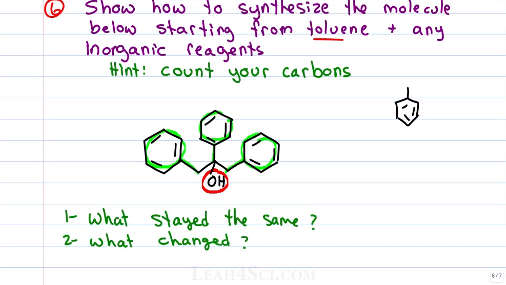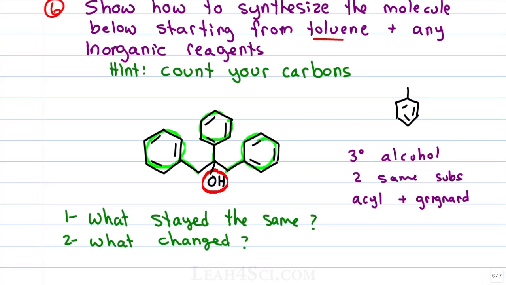Here's where you need to keep in mind the following trick. If you're asked to synthesize a tertiary alcohol, and you notice that you have 2 of the same substituents, then you want to start out with an acyl group attacked by 2 Grignards. So we need to figure out which was the acyl group and which was the Grignard.